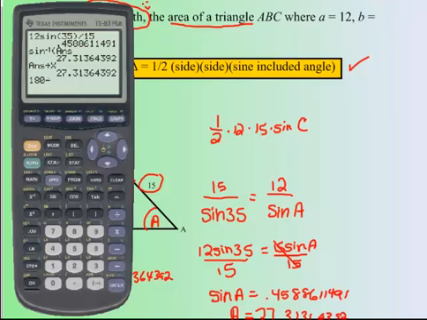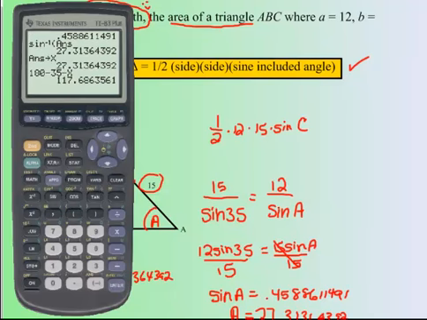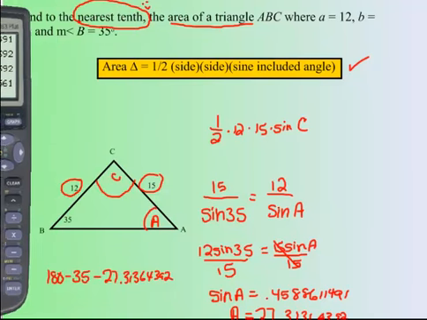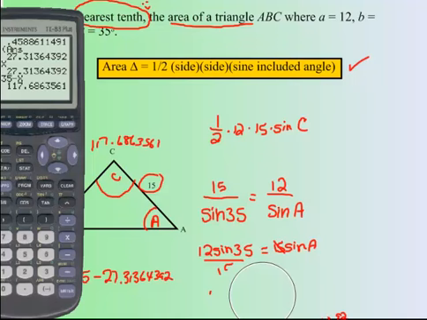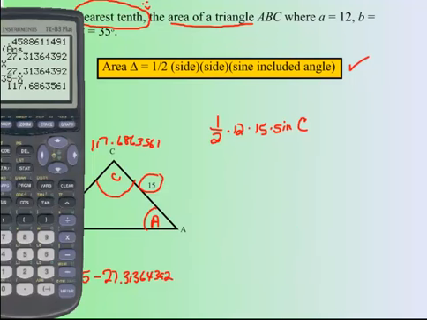So 180 minus 35 minus x, because I stored it there. That's how big angle C is. Angle C is 117.6863561.